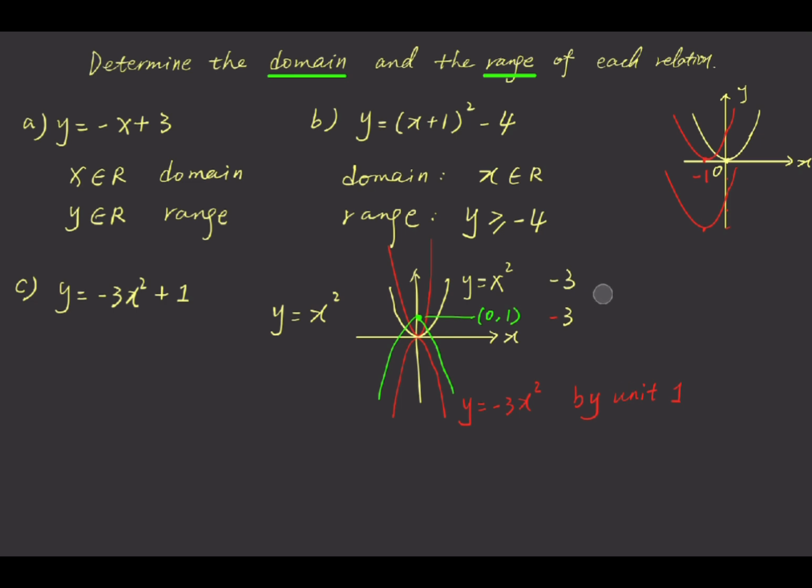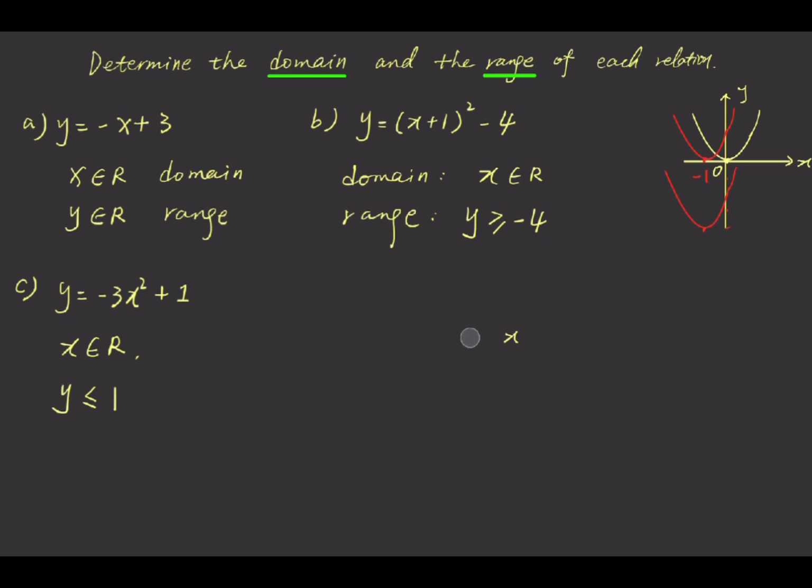Then we can analyze its domain and range. The domain can be any real number. The range is less than or equal to positive 1. Okay, this is question C.